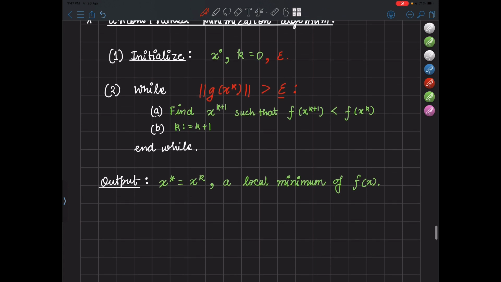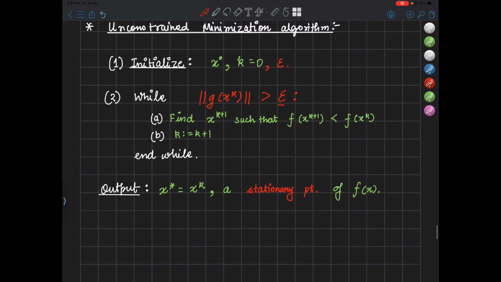Also, because we are using only the gradient here, instead of a local minimum, what we are trying to find is some stationary point, right? This is what we will get with this.